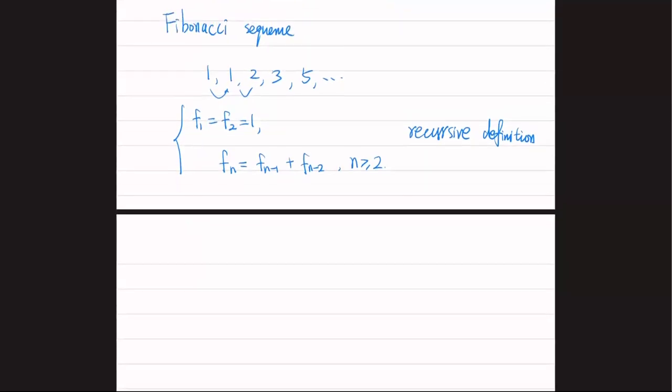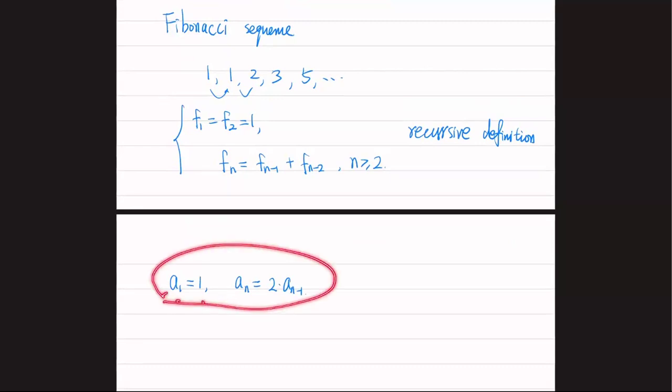So this is a two-step recursive definition. For the one step, let's see, we go to another one: A1 to AN. Okay, so this is another sequence.